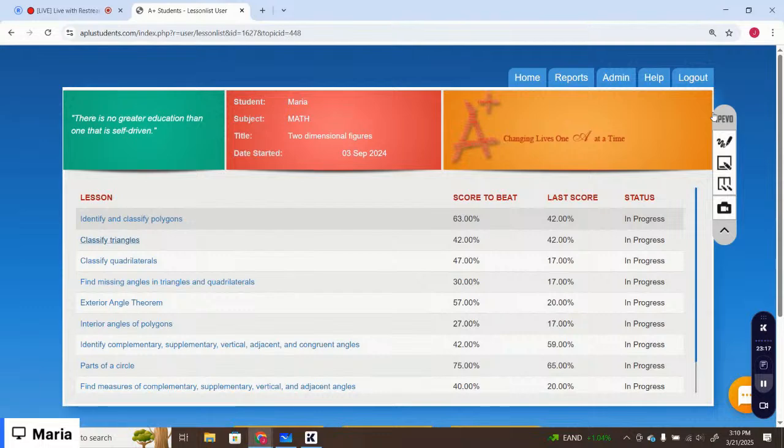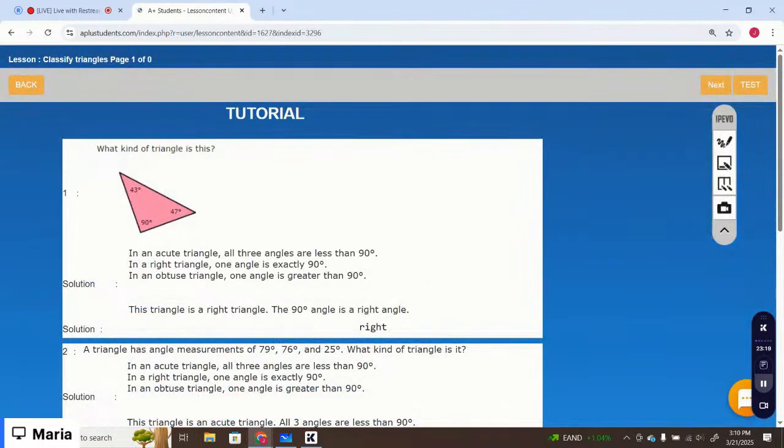The next lesson is classify triangles. What kind of triangle is this? If the triangle has all angles less than 90 degrees, that is an acute triangle.